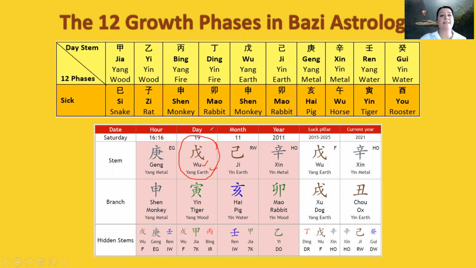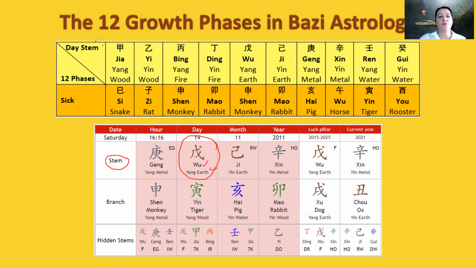This is what we call the day master, the day stem. This is the reference point for the 12 growth phases analysis. It can be different for each one of you. Some of you will have Wu, some of you will have Xin, some of you will have Geng. It doesn't matter, just check what the day stem is.